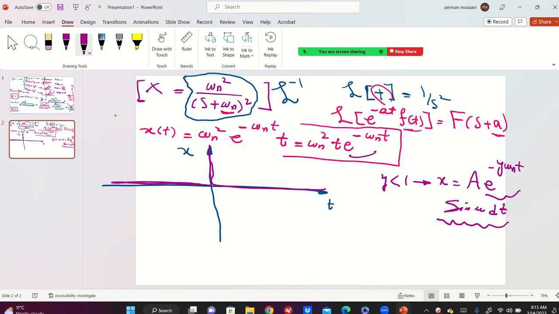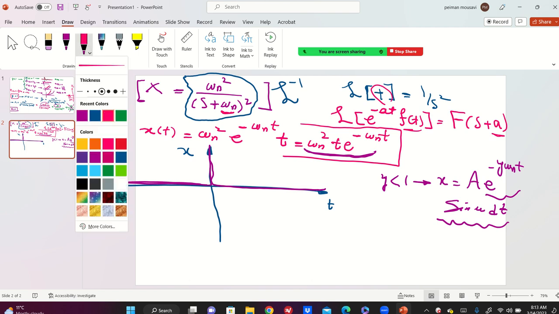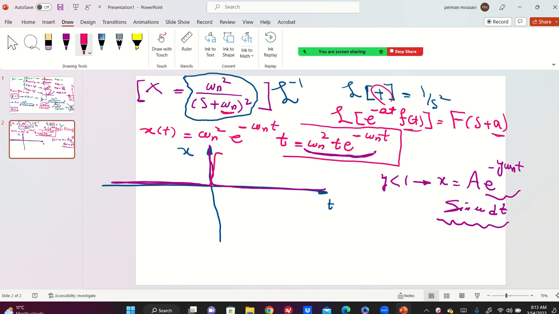Do you see any transient harmonic term here? Do you see that? No. So that's why the output of the system is gonna be like this.